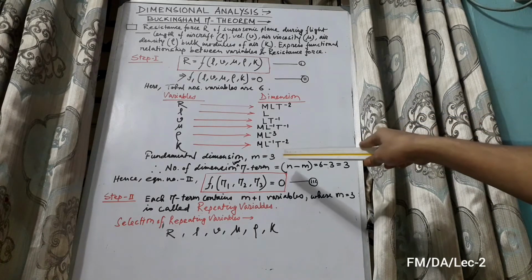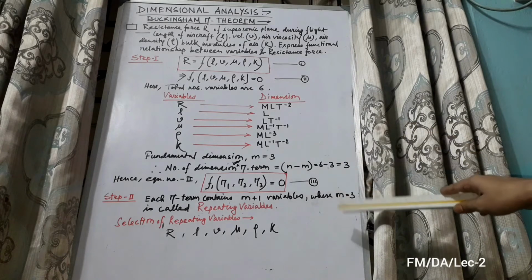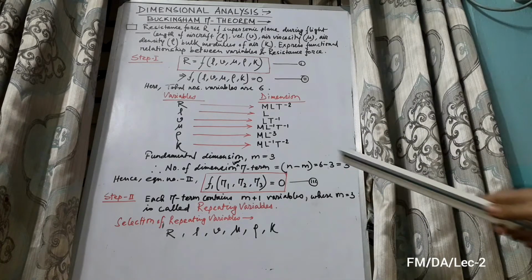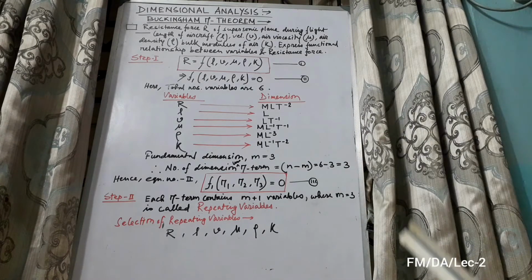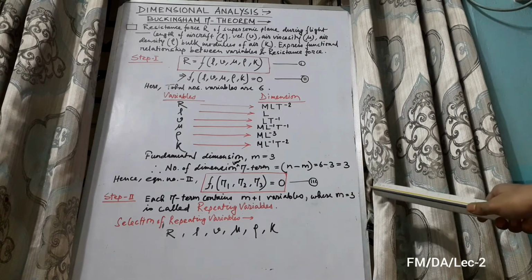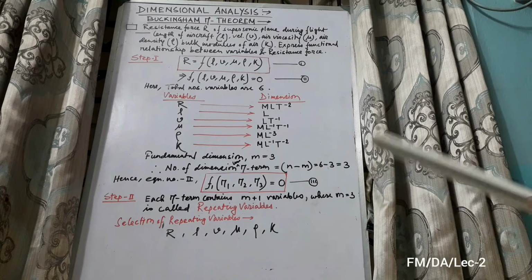We know m equals 3, so each pi term contains 3 plus 1, that is 4 variables. Out of these 4 variables, 3 variables are repeating variables.